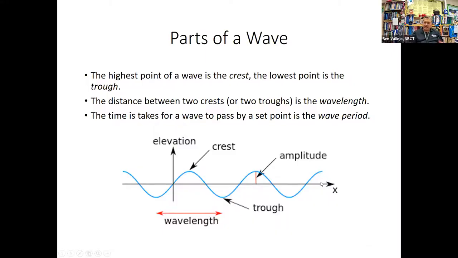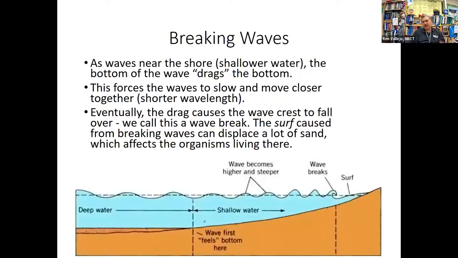And if you were to sit right here and watch the waves go by and count the waves, then the time between two crests, let's say, that would be what we call the period of a wave, or as I wrote here, the wave period. There's a trough, here's a crest, amplitude, wavelength. These are terms you should know to have to do with parts of the wave.